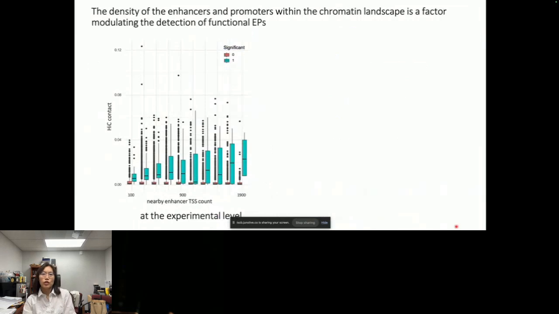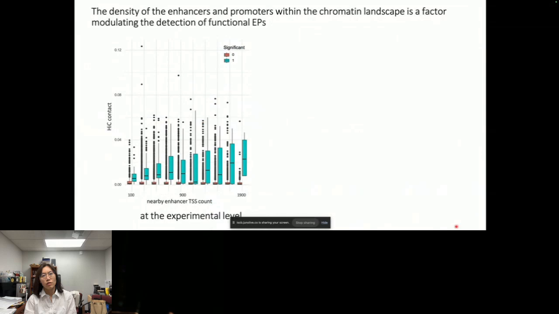The last feature we want to highlight is the density of the enhancers and promoters within the genomic landscape. You can see this in the raw data of the Gasperini experiments.